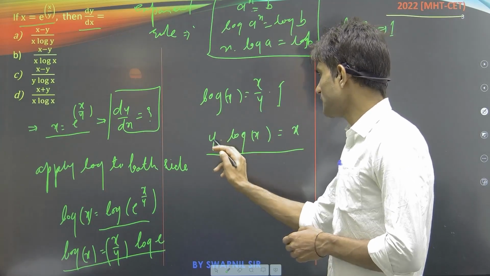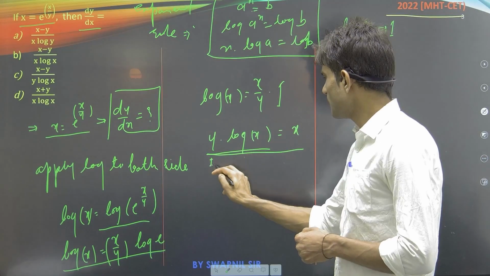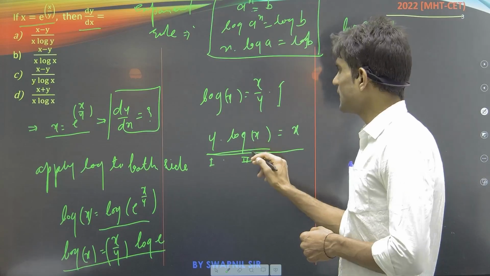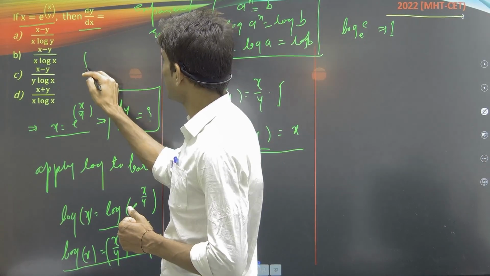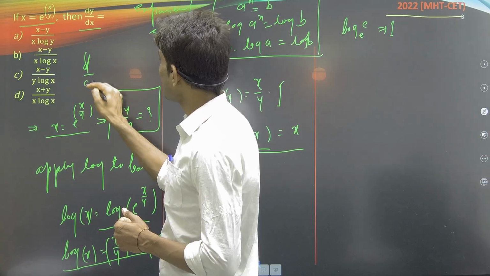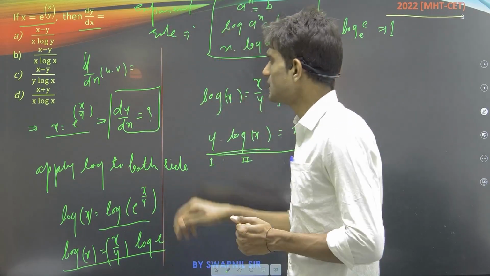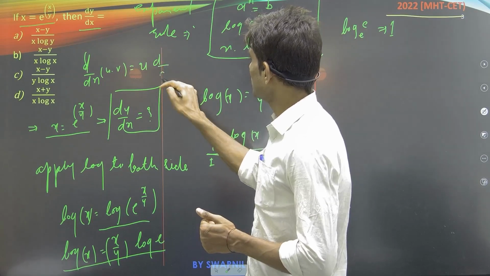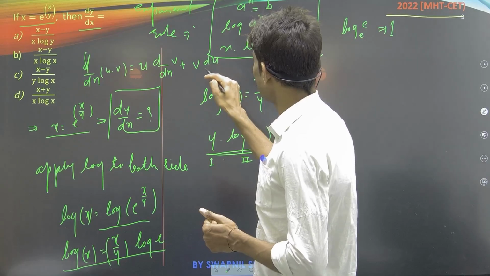So differentiation of y log x with respect to x. Now see that we have two different functions, first multiplied by second. So first into second, then we apply the product rule for differentiation, like d by dx of u into v. What it says is: first function as it is, differentiation of second function, plus second function as it is, differentiation of first function.